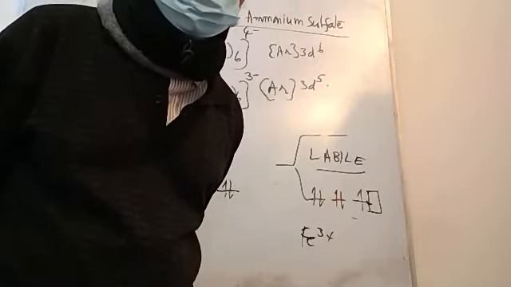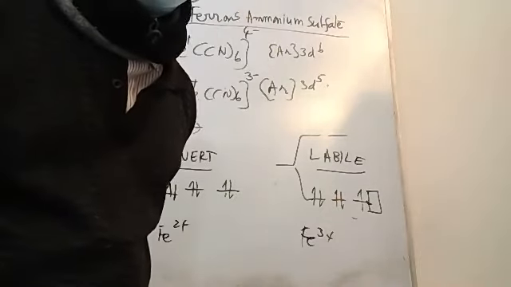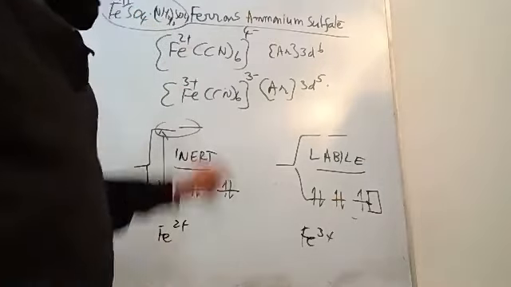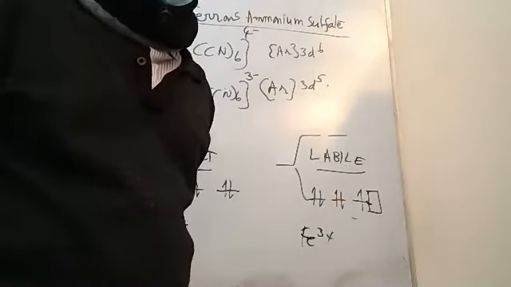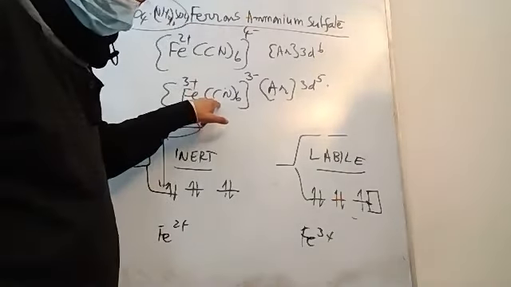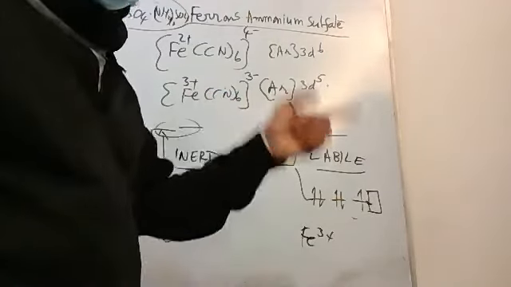So now you understand the importance of the medicinal chemistry of complexes. On the other hand, if you were to use iron 3 salts, that would not do any good. Because iron 3+ also forms a complex, but that complex is so labile, it releases the cyanide back to the bloodstream.